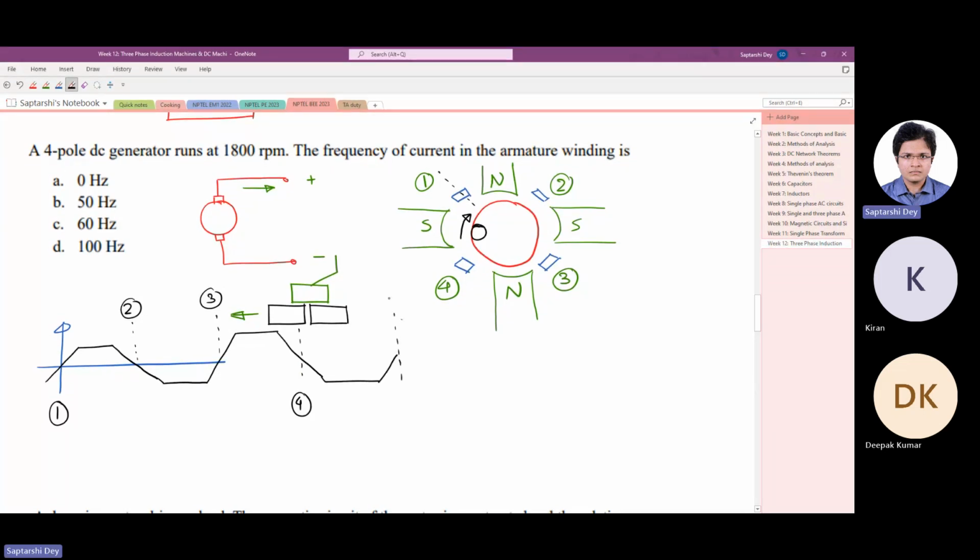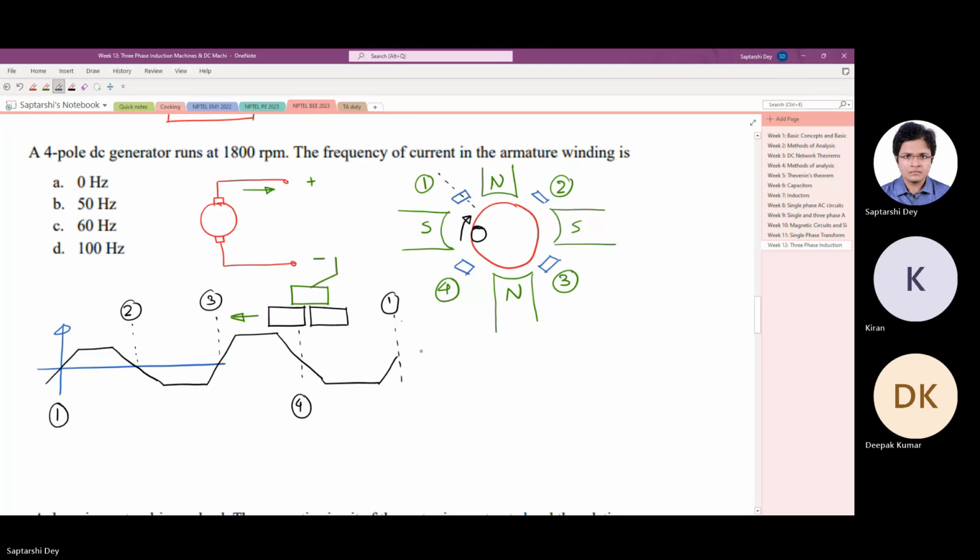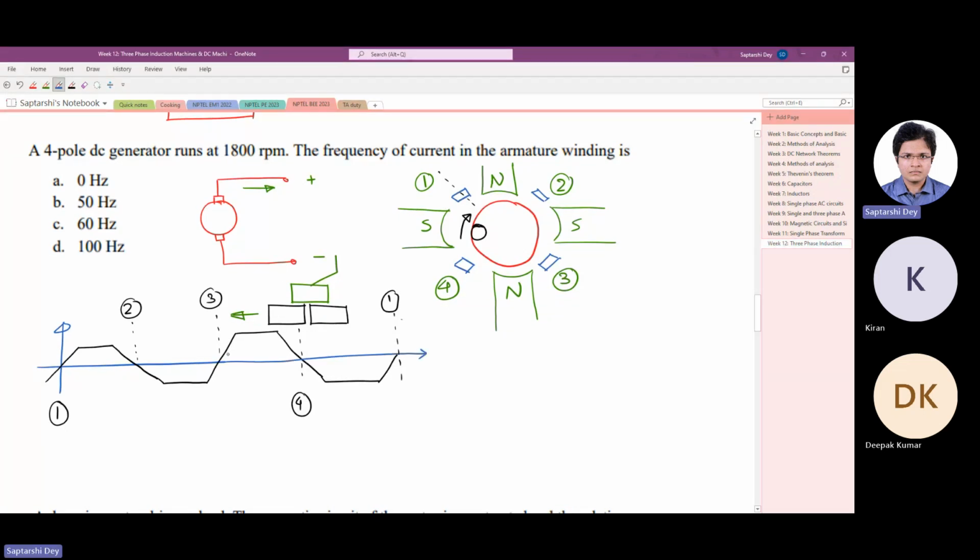Again, it returns to position 1. The magnitudes are somehow not the same, but you know that they will be the same. So this is the whole picture of the current that is flowing through one coil, in one rotation. So how many cycles do you see? How many cycles of current does the winding see in one complete rotation?